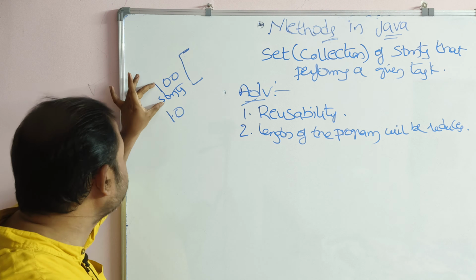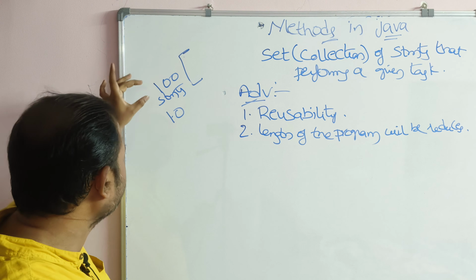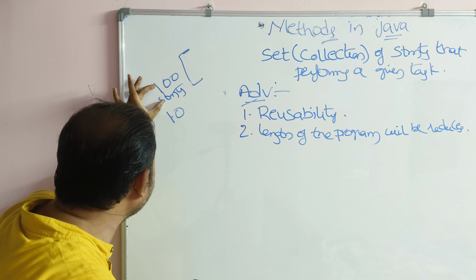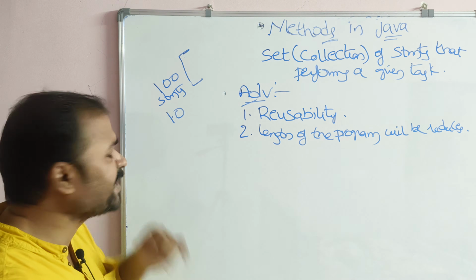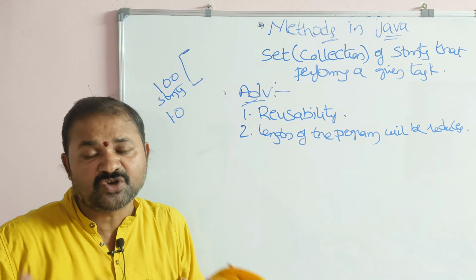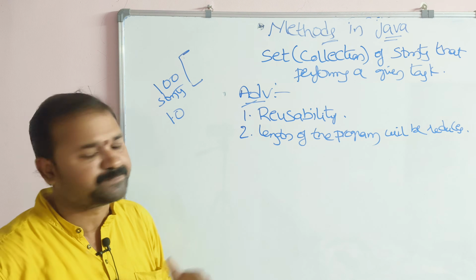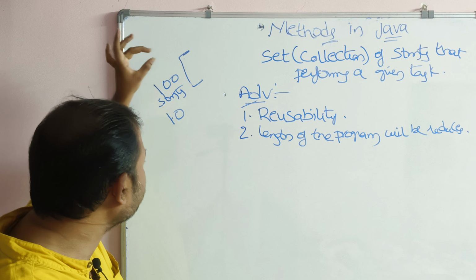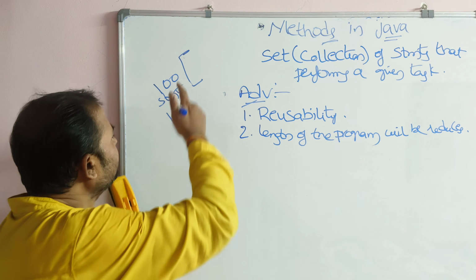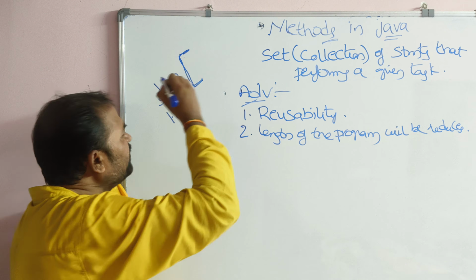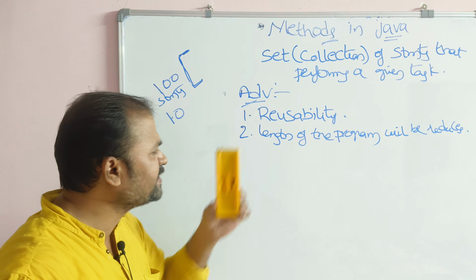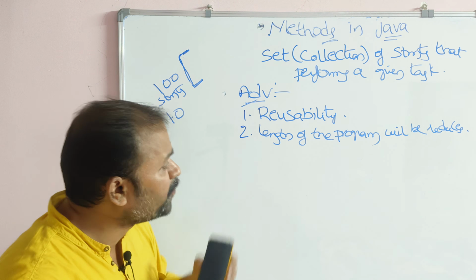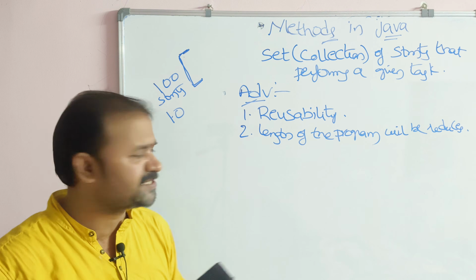We have to type these 100 statements 10 times in our program. So 100 into 10 means 1000 statements. So we need to type 1000 statements. Whereas if we use methods, we define the method only once and we can call that method 10 times. So we can say that the length of the program will be reduced.